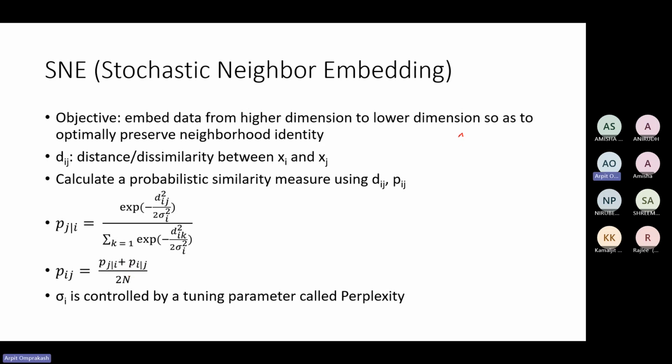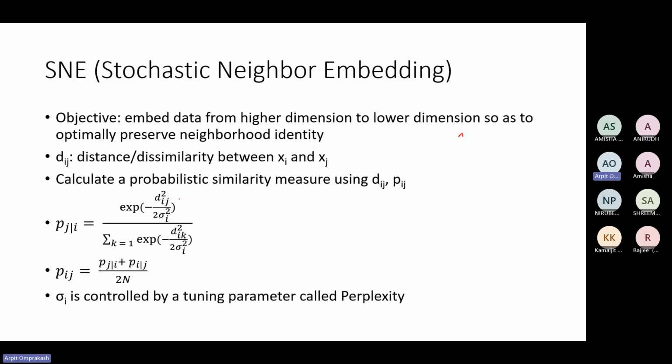Okay, so Pj given i is again given in this form, where again we are using the distance here, and we have sigma i, which is a tuning parameter that we can control. So basically what we are doing here is we are squaring the distance, taking the exponential of the negative squared distance, and dividing it by 2 sigma squared.